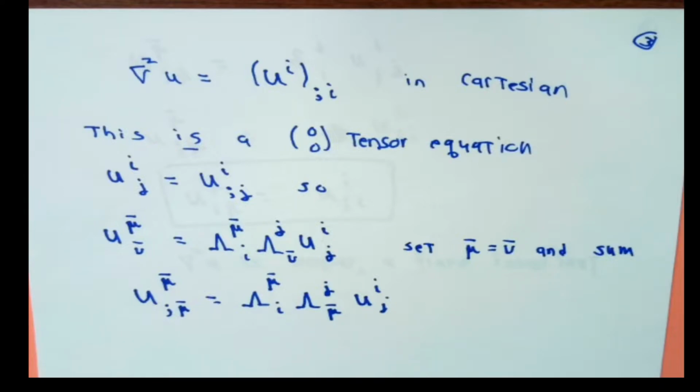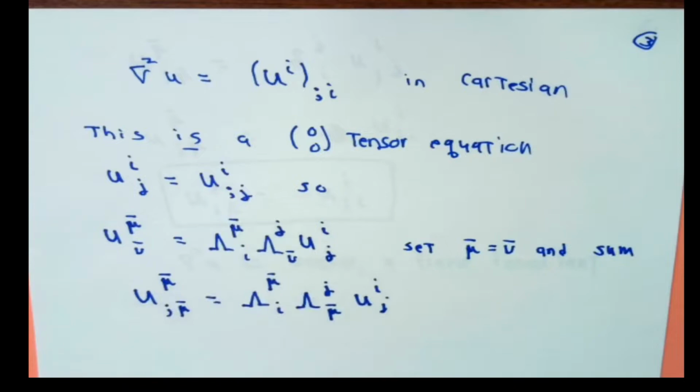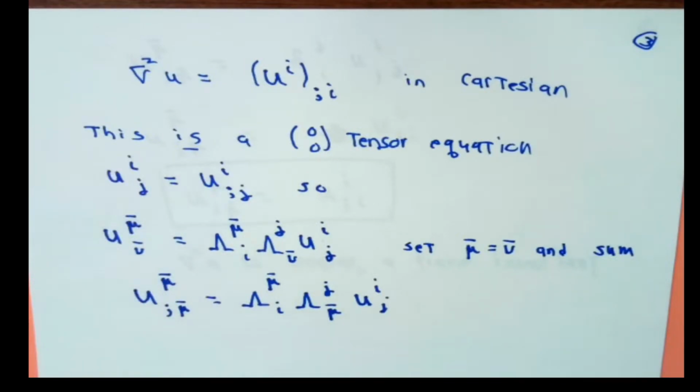Also, I've previously mentioned that if you take the covariant derivative of a vector, what you get is a 1,1 tensor. So rather than write u^i semicolon j, I'm at least momentarily going to write that as just U^i_j, and think of this as the ij component of a 1,1 tensor.